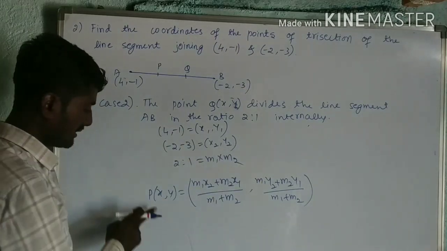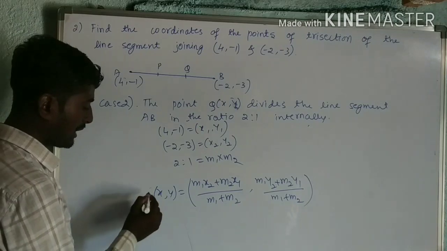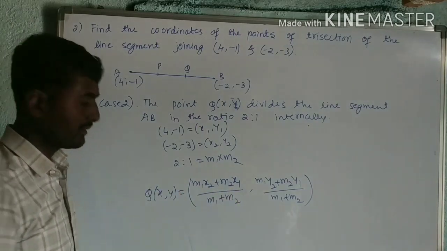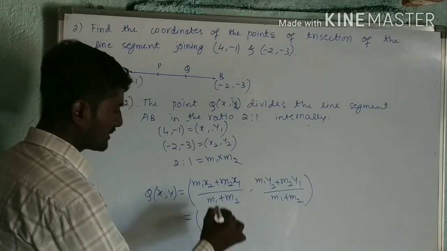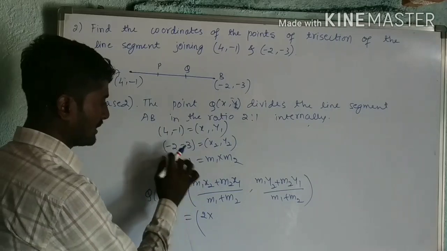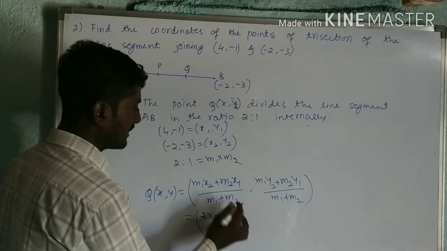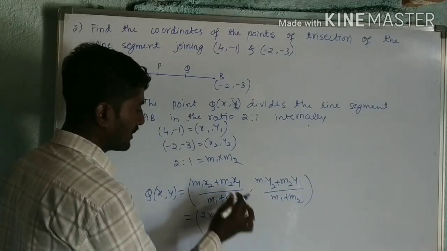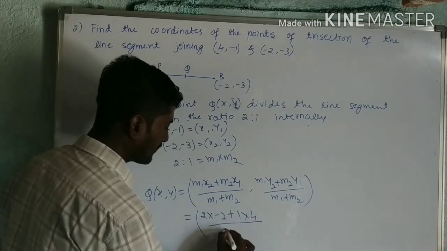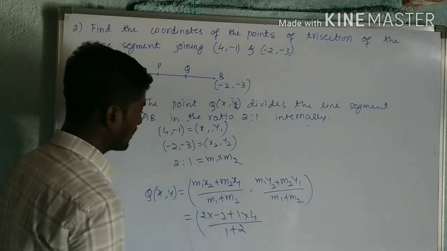Now this is point Q, not P. Q of x comma y, the same formula. Then you substitute the values. M1, that is 2 into x2, which is minus 2, plus M2, 1 into x1, which is 4, divided by 1 plus 2 or 2 plus 1.